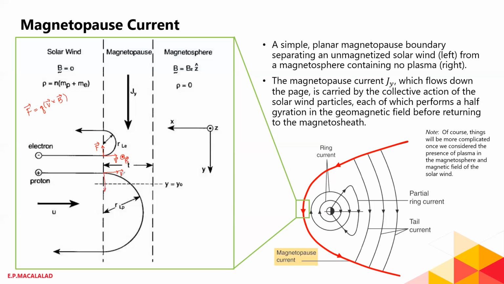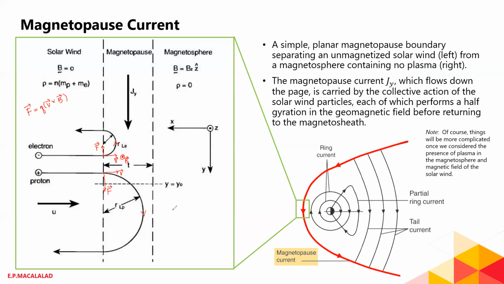V cross B equals F, but negative for the electron, so the force will be in this direction. My main point is that the electron will move in this direction, and the proton will move in this direction.